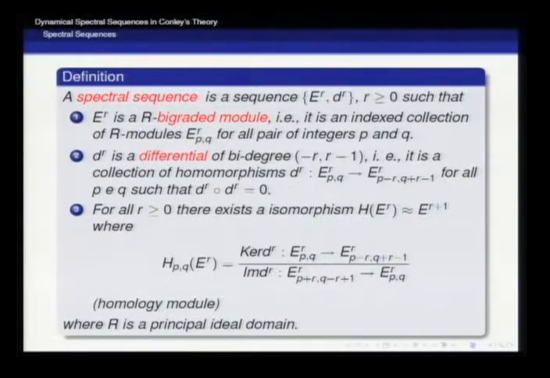So we can think of each of the modules E^r as a book with pages, and the differential has bidegree (0, -1), so we go 0 in the x direction and minus 1 in the y direction.